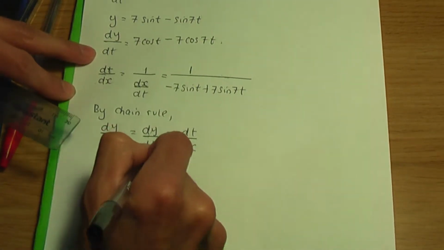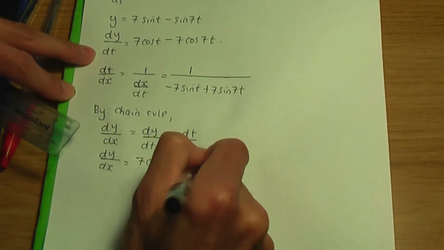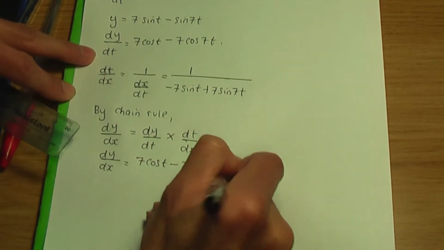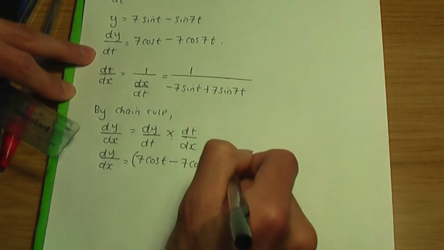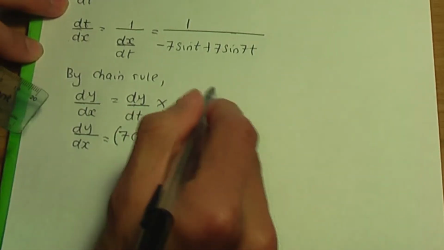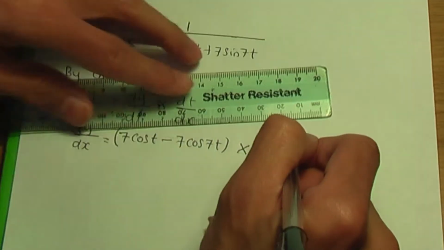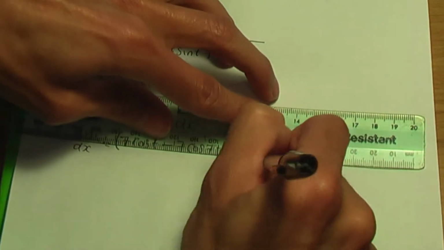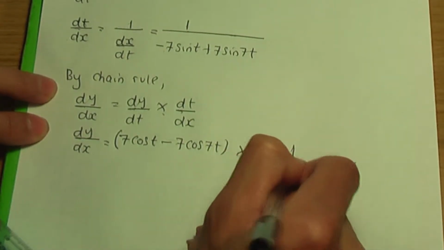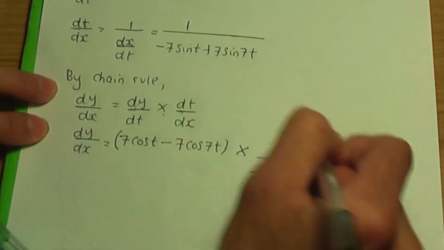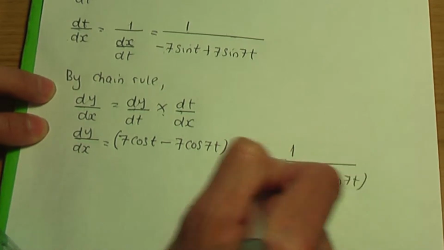So we have 7 cos t minus 7 cos 7t. So that is what we have for dy over dt, times dt over dx, and here's the solution for dt over dx. So let's copy that down. So we have 1 all over minus 7 sine t plus 7 sine 7t.